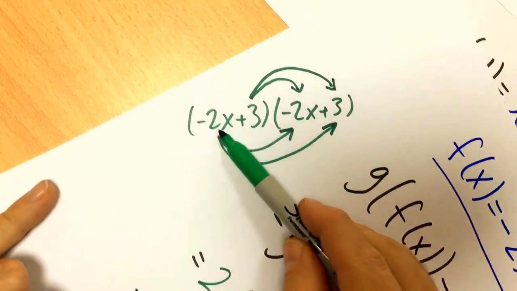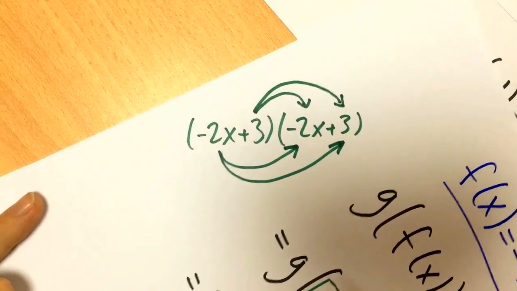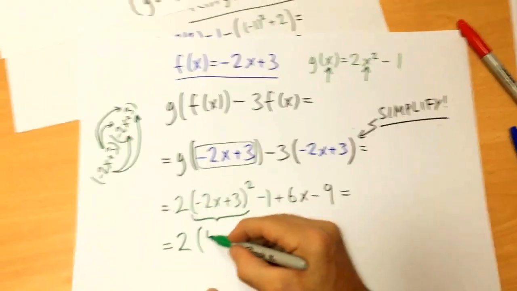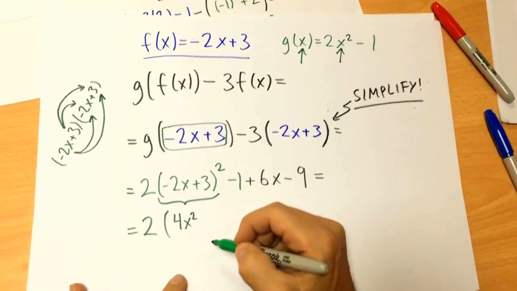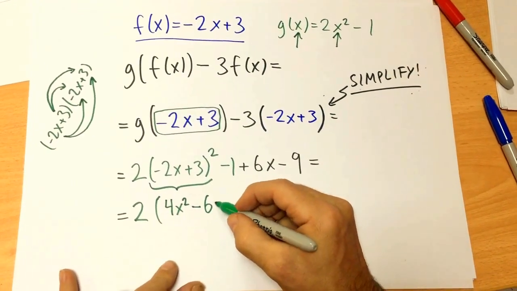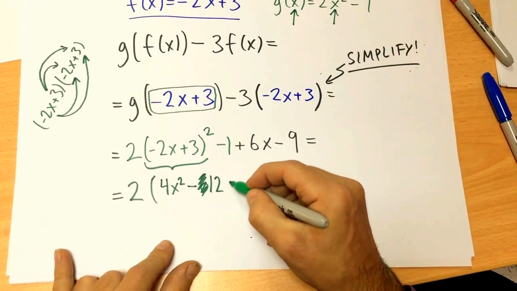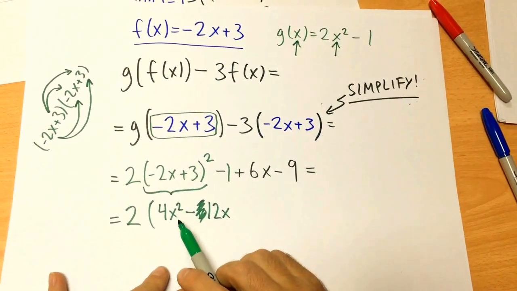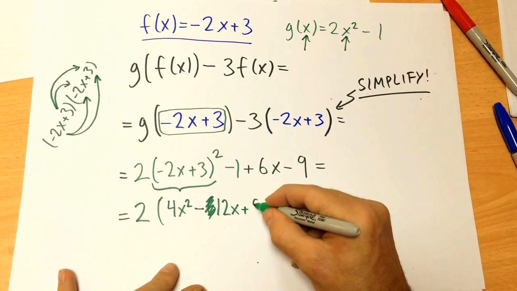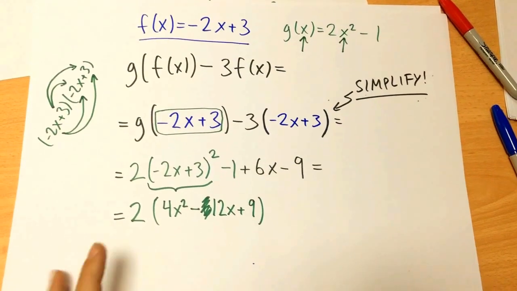So you can do all of these, yeah? And what will you end up with? If you come back here, you will end up with 4x squared minus 12x, yep, and then plus 9. Like this. This will be your answer.